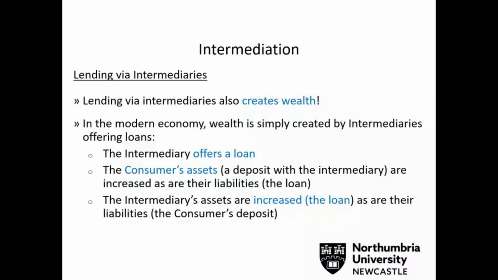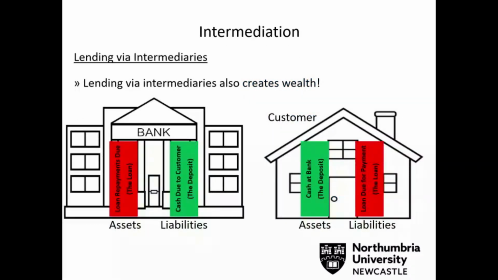But on the lending side, the bank's asset is its loans portfolio, which is a customer's liability. And if we put that into a diagram to make it a bit more visual, this is how the bank creates wealth. It's through that transformation process of converting your asset into their liability and vice versa, and the fact that they charge interest on their assets, but the interest they pay out on deposits is typically a lot lower.